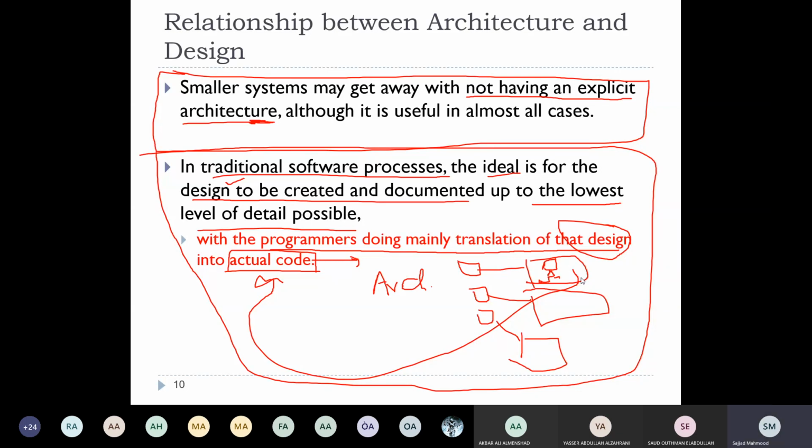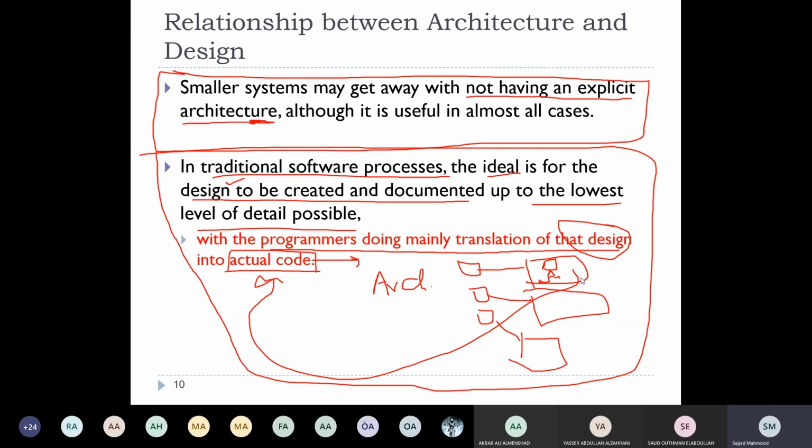But they do have design. That design is just documented slightly differently. For sure, they have architecture. Like even in your ICS 1 or 2 example, a very small system, we realize that there is an architecture. Whether it's explicitly documented or not is a different ball game. So it is true for agile. Larger systems do have an architecture and they do document it in one shape or another.